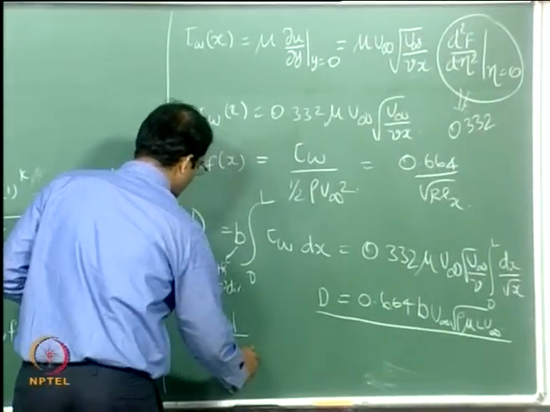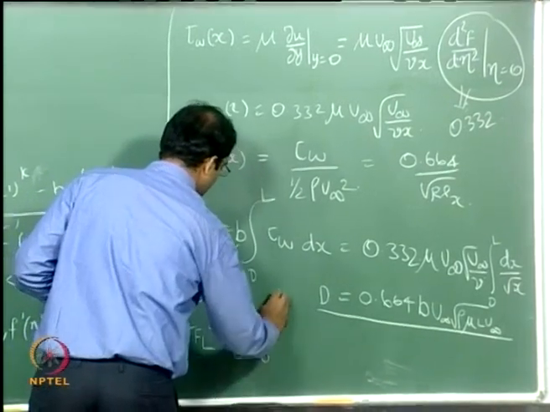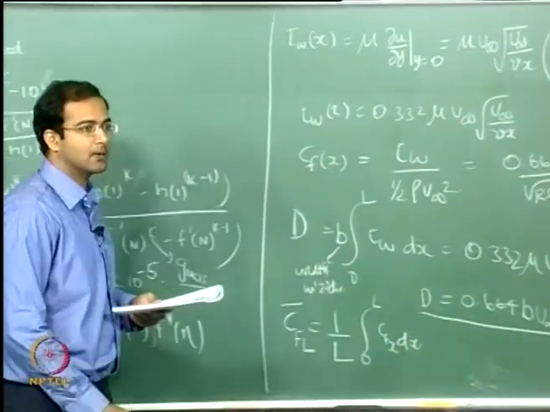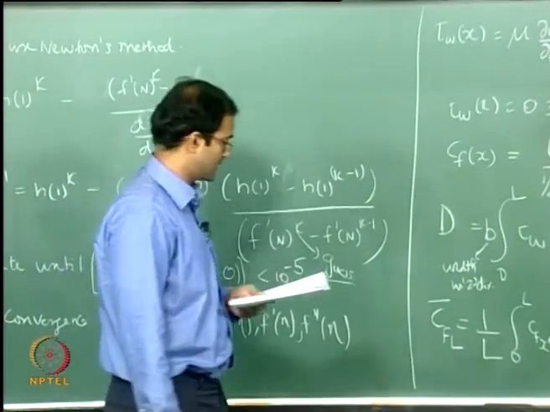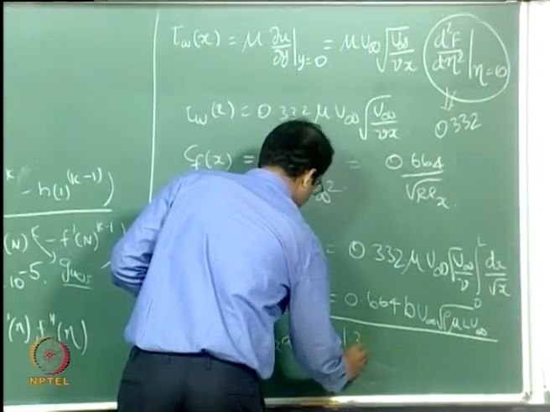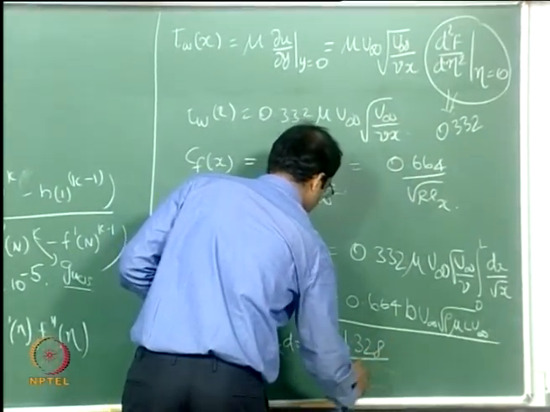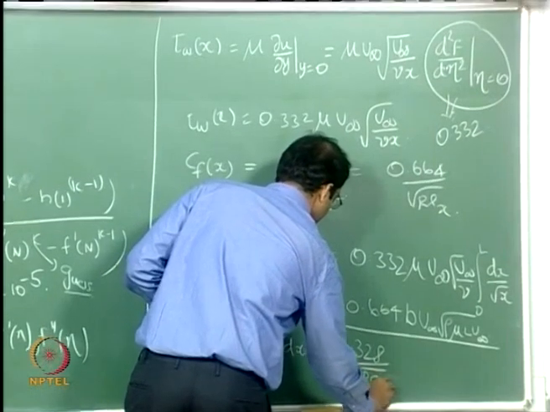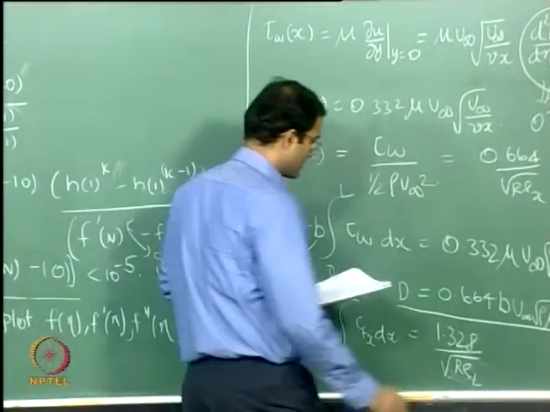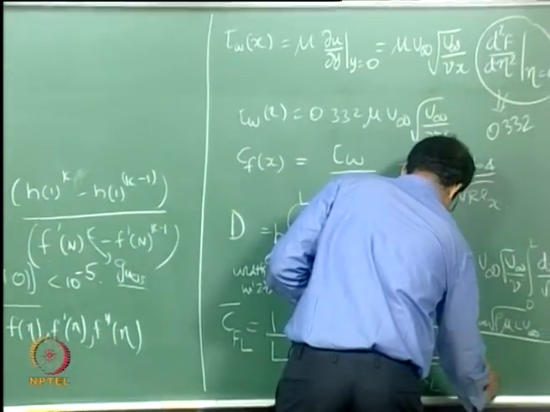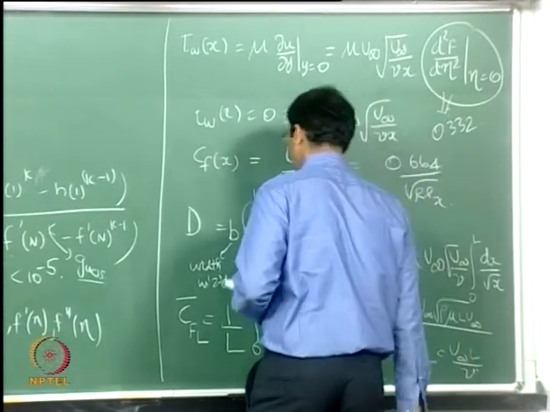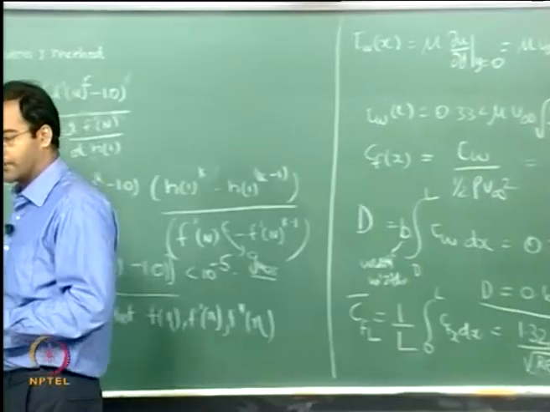I say 1 by L integral 0 to L of Cfx dx. If you do the averaging, you will get this nice expression, where now your Reynolds number is defined based on x equal to L. So Re L here will be U infinity L by mu.